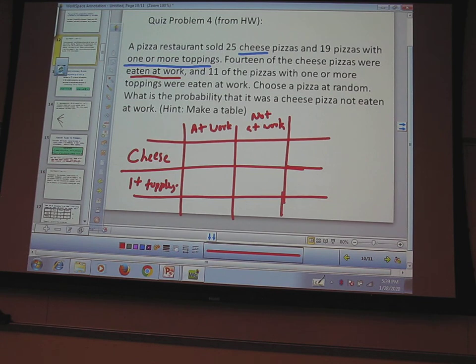Okay, so now you can fill it in. If you haven't drawn this, draw it now. What do we know? We know the 25 cheese pizzas were made, 19 with 1 or more. Are those at work, not at work, or the totals? The totals. Okay. And then we also know something about some of this stuff. So fill in what you know, and then see if you guys can work it out. We'll give you guys a minute to kind of sort through that.